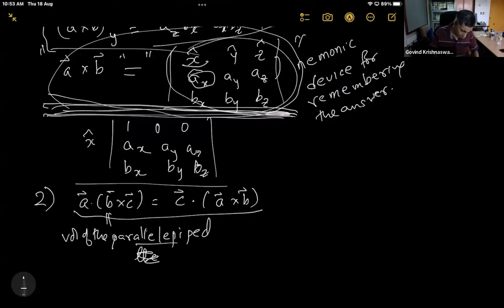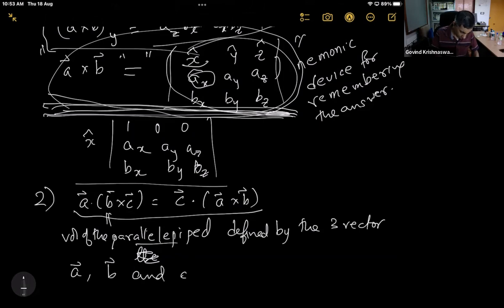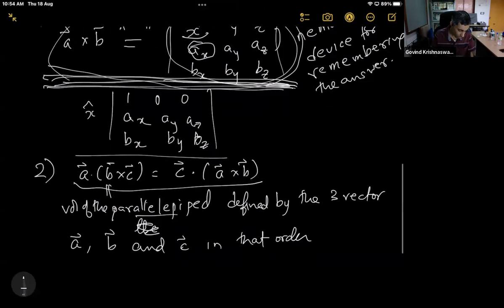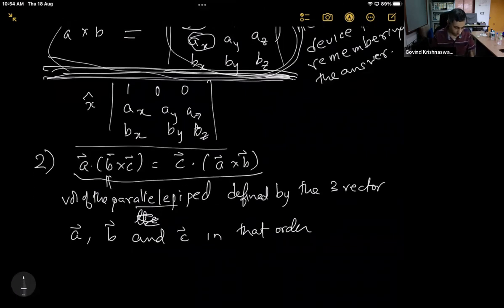Parallelepiped defined by the three vectors A, B, and C in that order. I would like to state it, I mean, you have used some term, oriented volume. Let me convey the same thing in the following manner: the volume of the parallelepiped defined by the three vectors A, B, and C in that order.